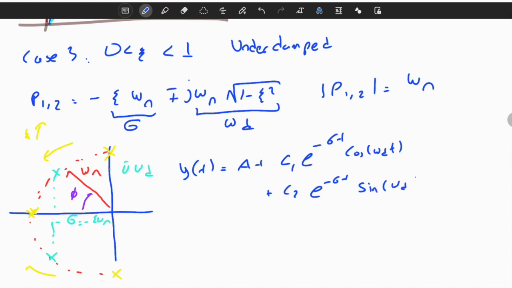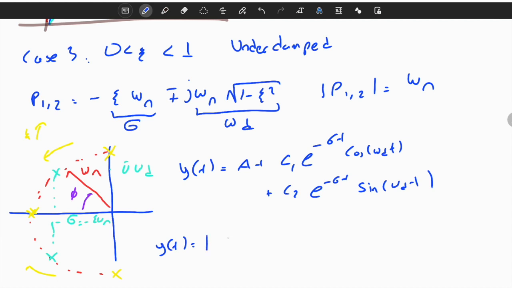We first compute the particular solution, then use the initial conditions, which we assume are 0, to compute c1 and c2, and then write the whole solution.